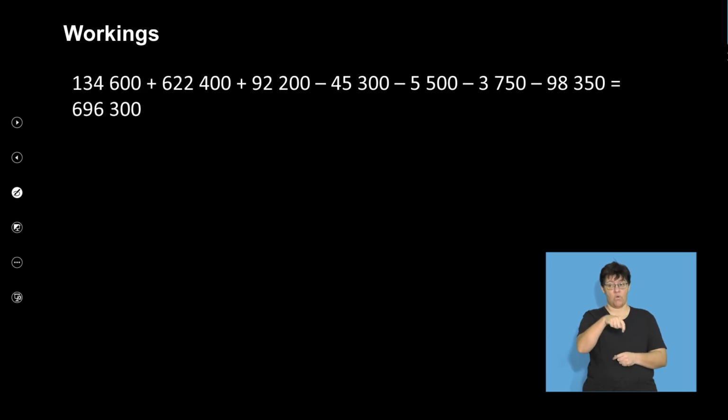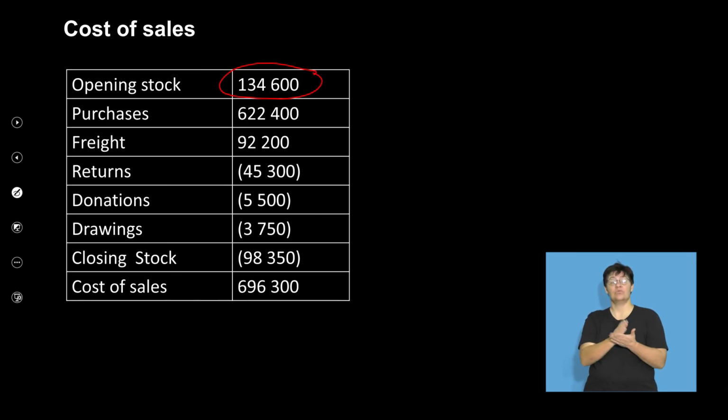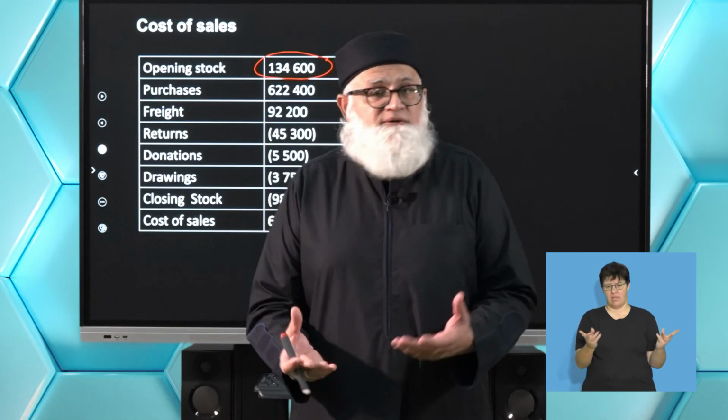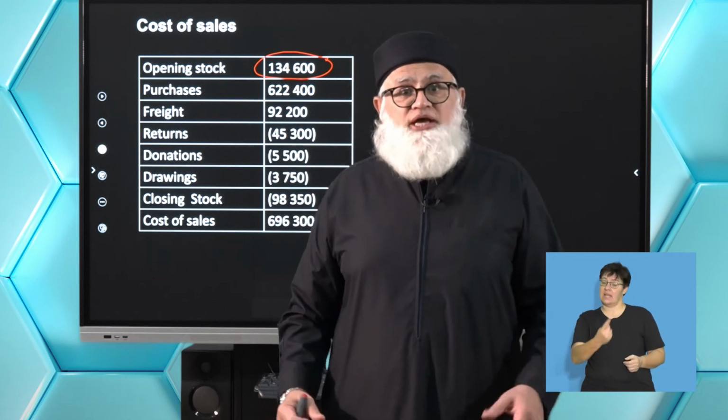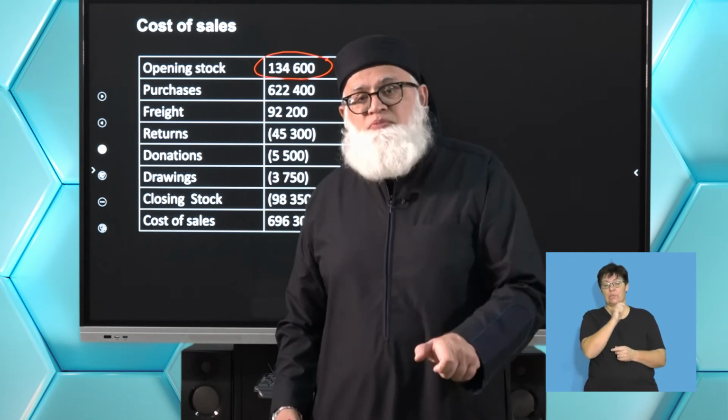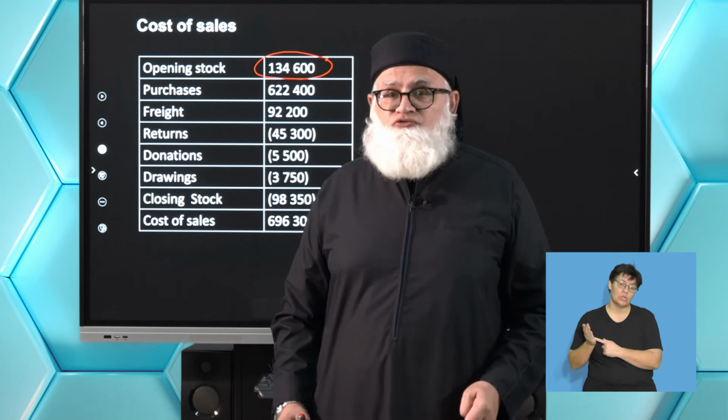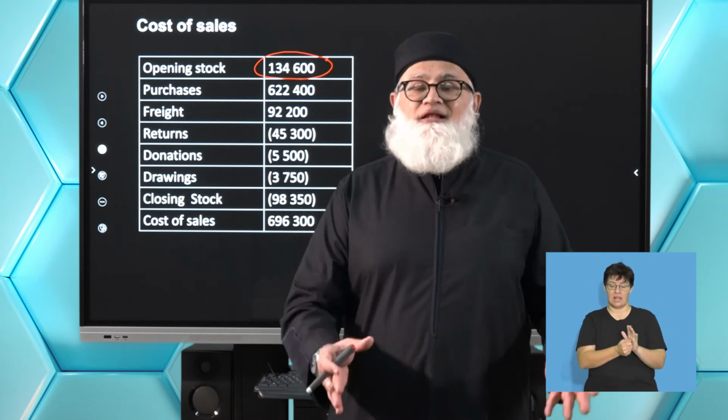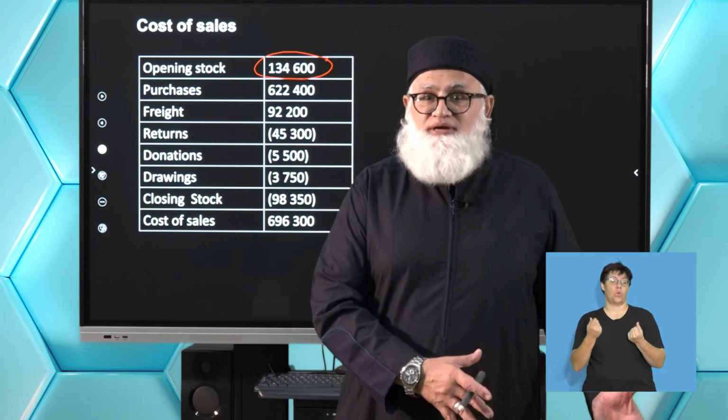What I'm also doing for you, I'm showing you the same calculation as a calculation, and I'm showing it to you as a formatted question, depending on what is asked in the exams. Because if it says calculate, you can do it any way you want to do it, because the question didn't specify to say use the answer book to show the calculation of cost of sales. It just said calculate the cost of sales, right?